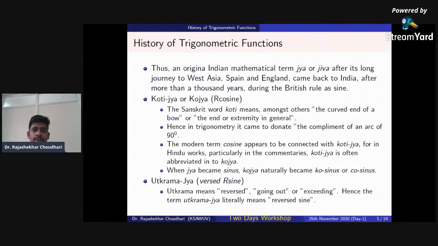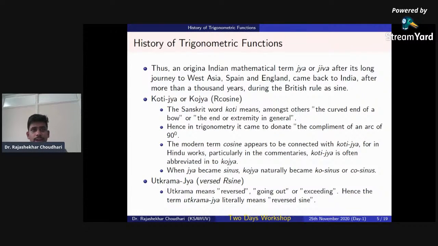We'll look in the next slide why it is called a reverse or exceeding term. Hence the name utkarmaja came into force for versed sine, because utkarma means versed. So in modern terms we call it versed sine.